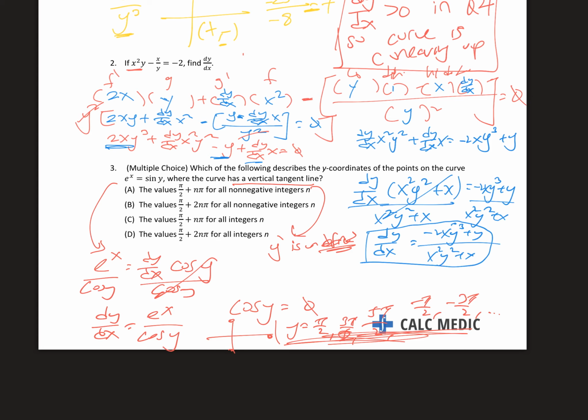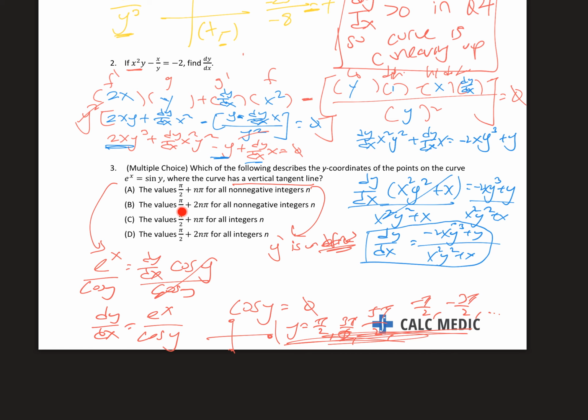Let's look at our answer choices to see which one will be correct. Look at the first one: pi over 2 plus n pi for all non-negative integers n. This one's claiming that n has to be positive, so we can only have positive angles. No, we can definitely have negative angles, so A is not right.